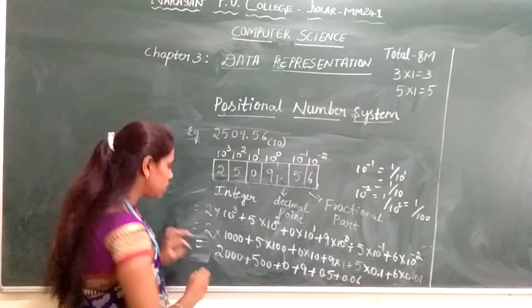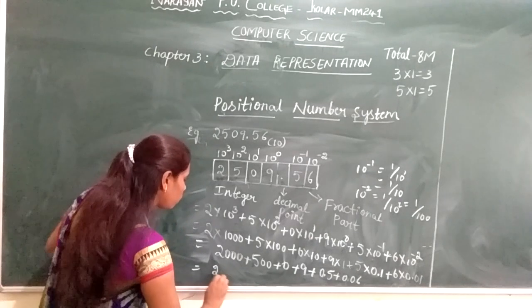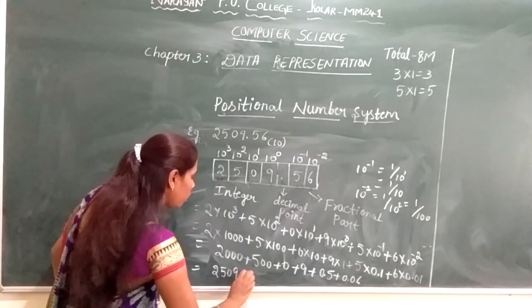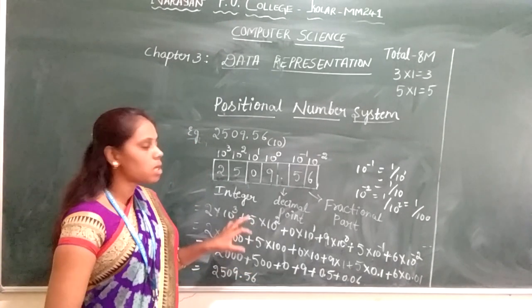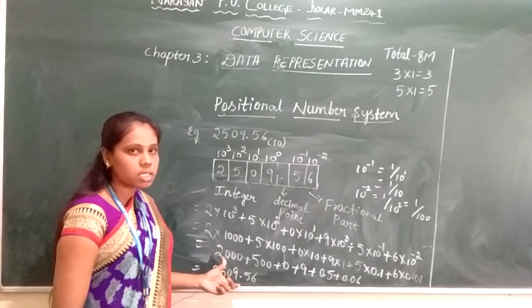So by adding these terms you will get the value of 2509.56. So this is how we represent this in a decimal form.